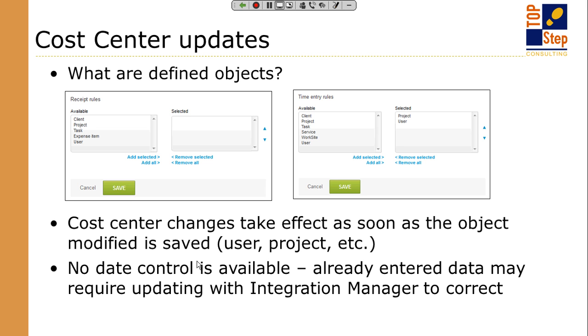So you changing the cost center on the user record could potentially change how cost is stamped. Cost centers are stamped on cost-related transactions such as time in this case. If you look at the other side for receipts, there are no values selected for receipts, so cost centers are not associated to expense reports, okay? Which is usually an exception.